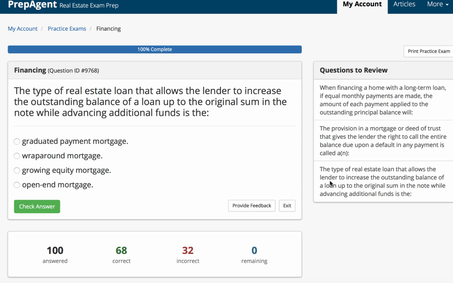This type of real estate loan that allows the lender to increase the outstanding balance of a loan up to the original sum in the note while advancing additional funds is, I believe, an open-end mortgage.